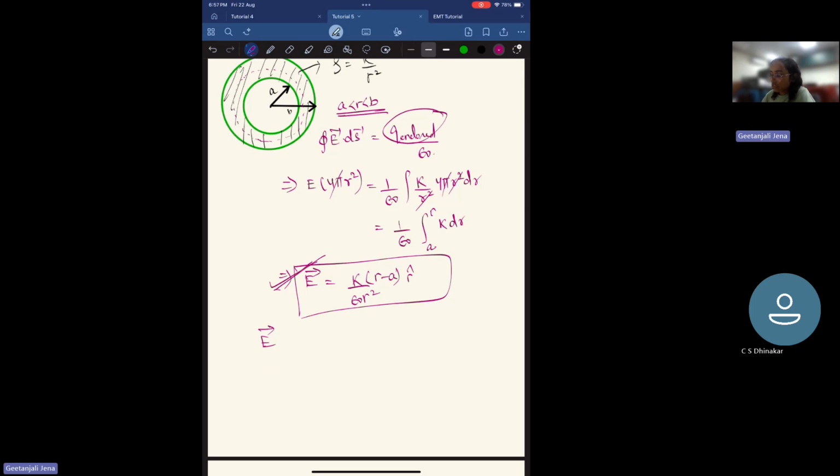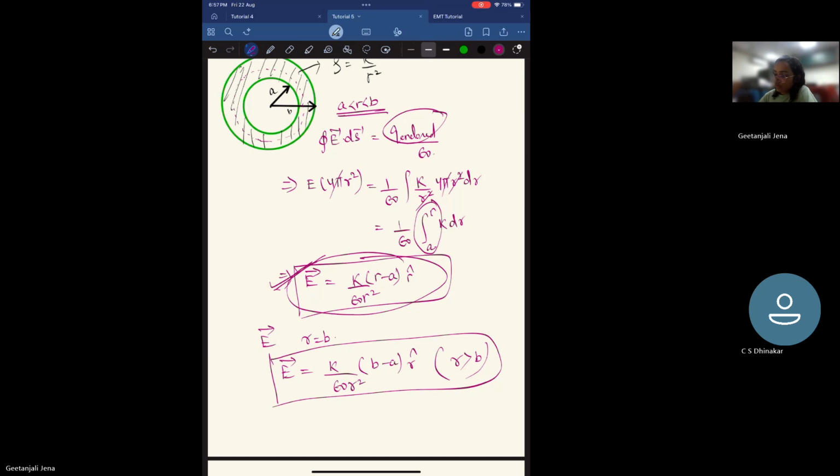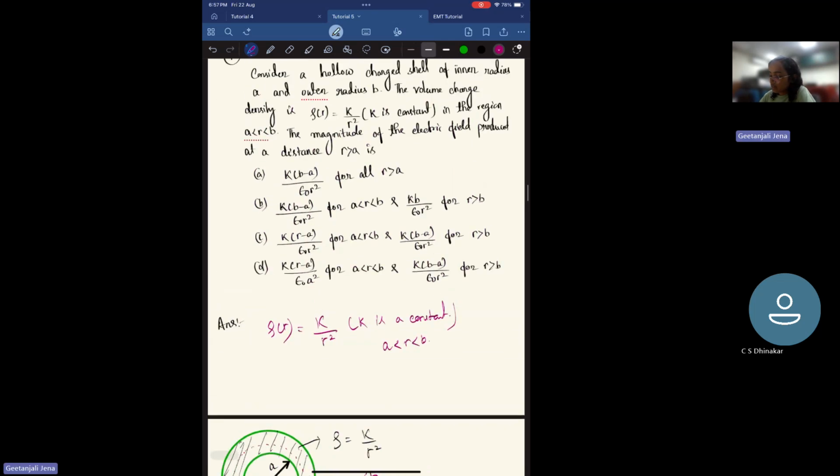For the outside one, it is easy because we know the charge Q is non-zero up to radius r equal to b. So the limit of integration here is from a to b. That is why the electric field will be k (b minus a) by epsilon naught r square. So this is for r greater than b. So the option will be C.